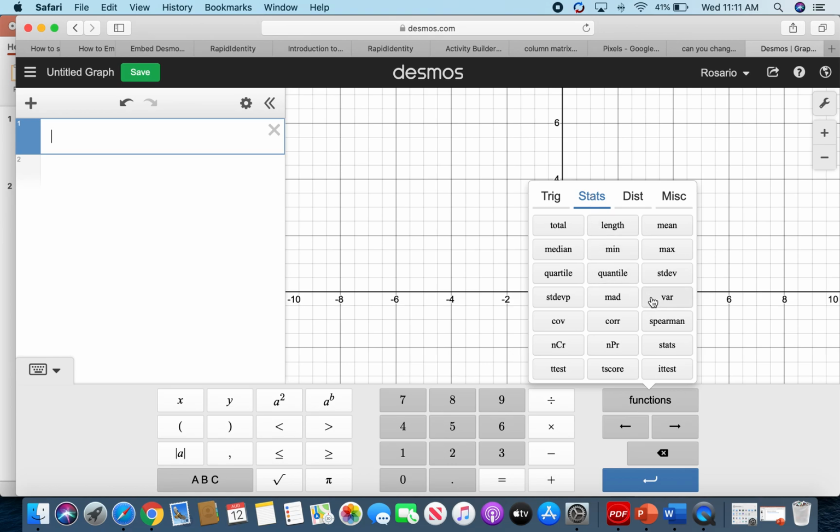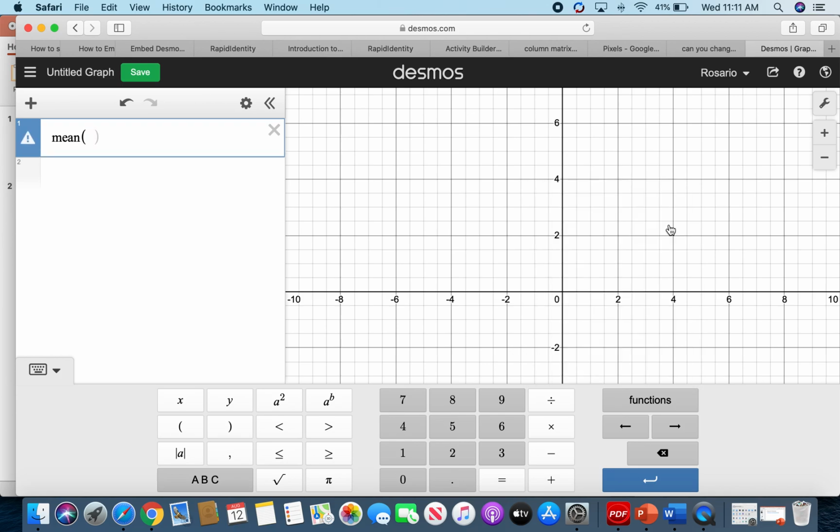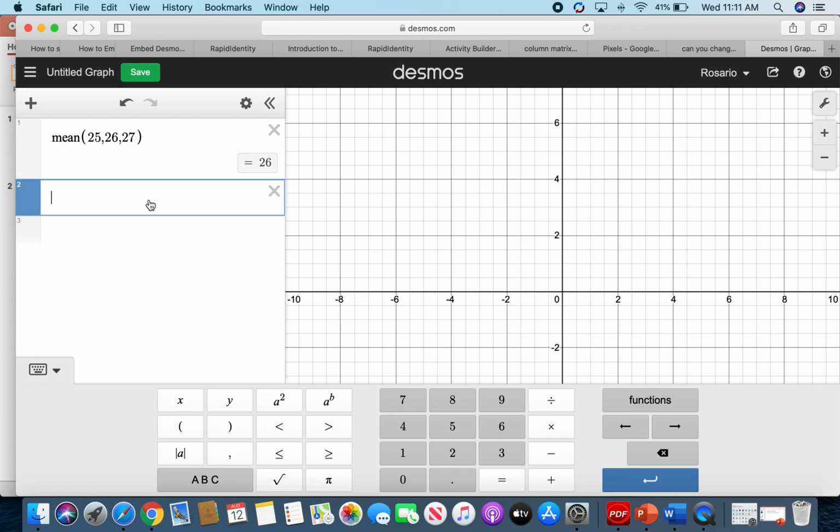In statistics, we will be making use of mean and standard deviation. So let's say, for example, you would like to get the average of 25, 26, 27. Just separate them with commas, and that's 26. True enough, the middle number is 26 since they are in consecutive order.